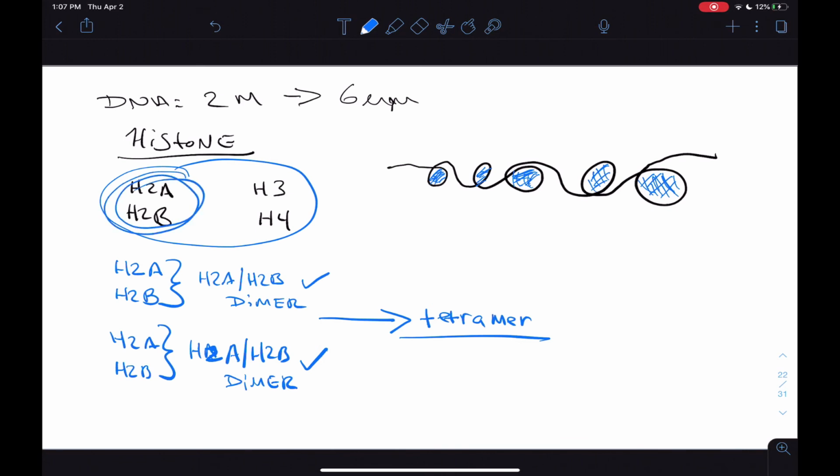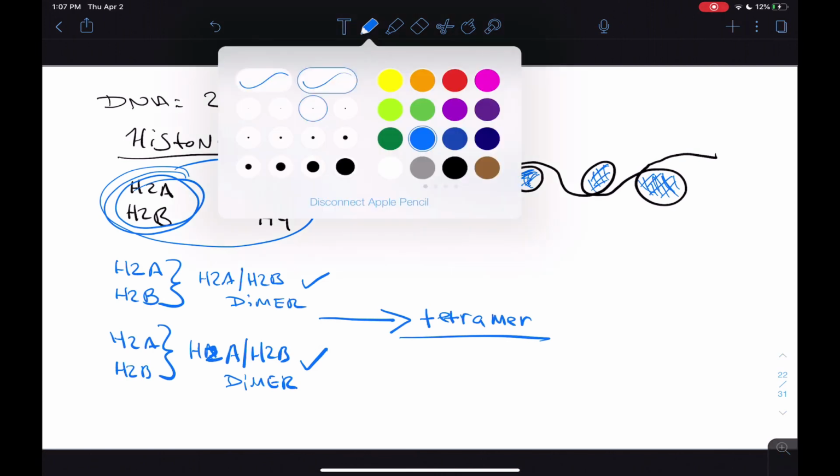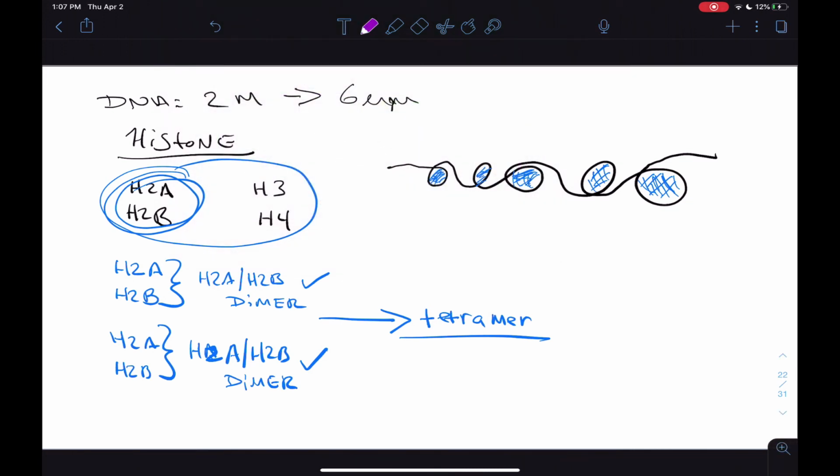We get the same thing happening with H3 and H4. For H3 and H4, we have H3 and H4 that form a dimer, and then we have 2 more, H3 and H4, that also form a dimer.